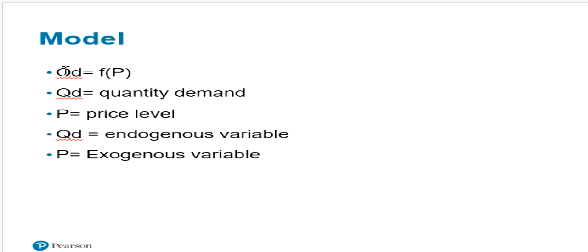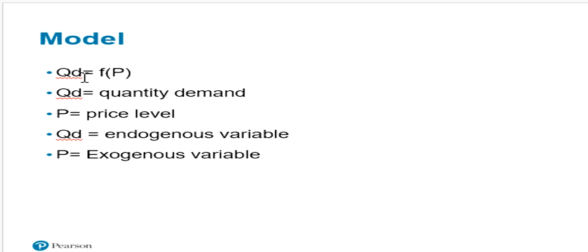In economics, by rule we write the exogenous variable on the right hand side of the equation and we write the endogenous variable on the left hand side of the equation. So this is the rule of economics for how we write an economic model. We write the dependent variable on the left side and the independent variable on the right side of the equation.